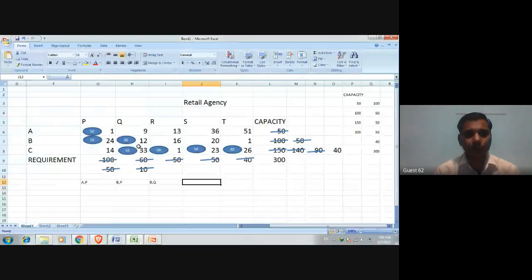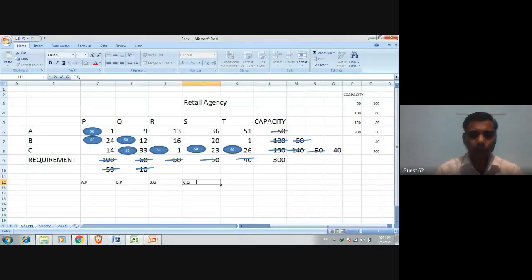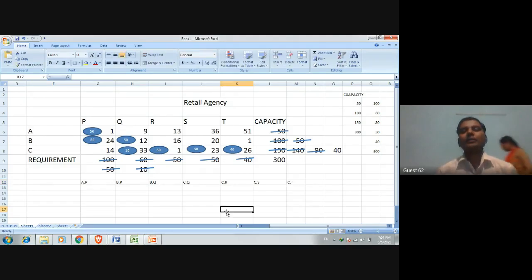Now C comma Q. C comma R. C comma S. C comma T. These are the allocations.